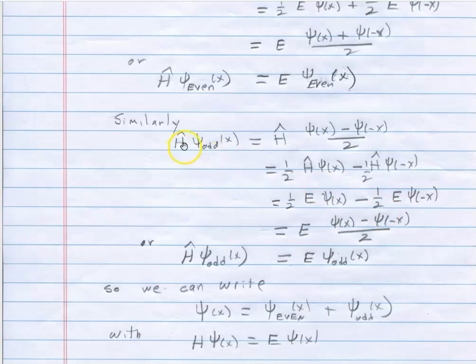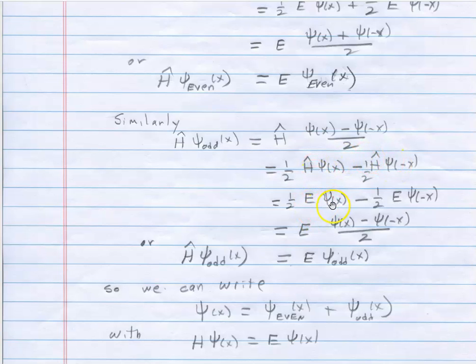Here I do it. H operated on the odd part. That's H operating on this linear combination, psi of x minus psi of minus x over 2. H is a linear operator, so this is equivalent to 1/2 H operating on psi of x minus 1/2 H psi of minus x. Again, from up above, they both satisfy the Schrodinger equation.